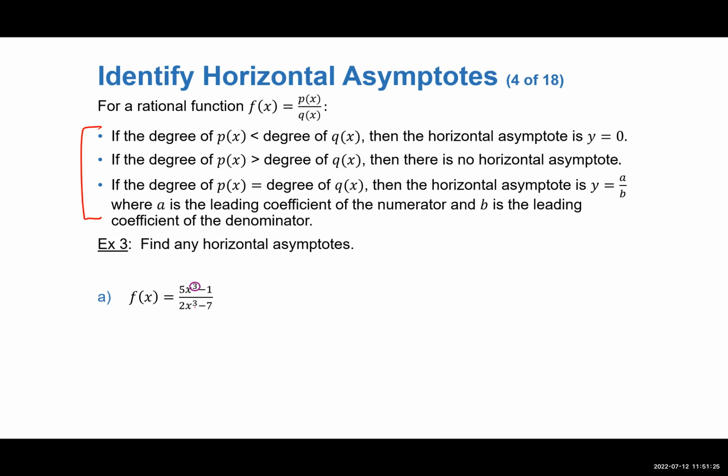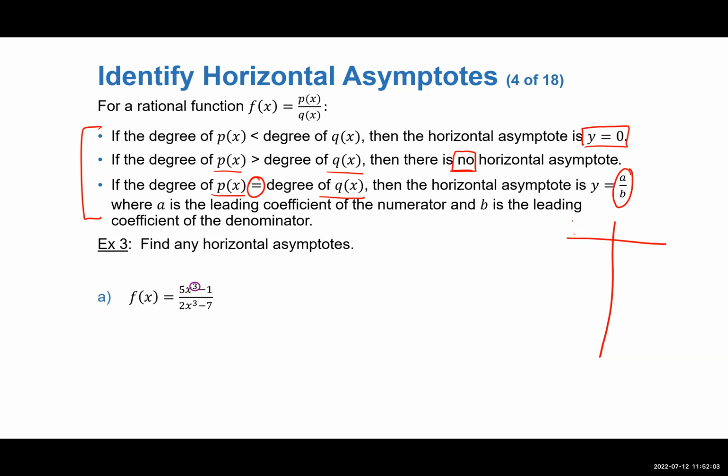If the degree is the same for the top polynomial and the bottom polynomial, then the horizontal asymptote is going to be the ratio of the coefficients. If the degree in the top is bigger than the bottom, so it's top heavy, then there's no horizontal asymptote. If the degree in the top is less than the bottom, so it's bottom heavy, then the horizontal asymptote is 0.